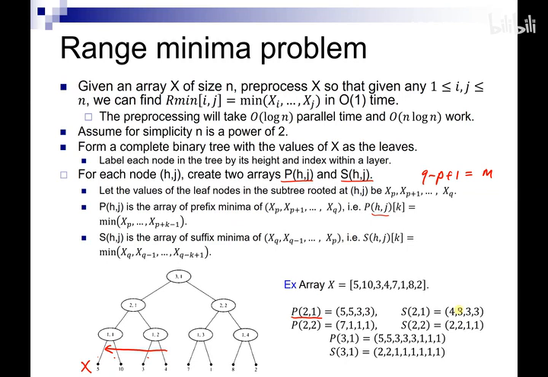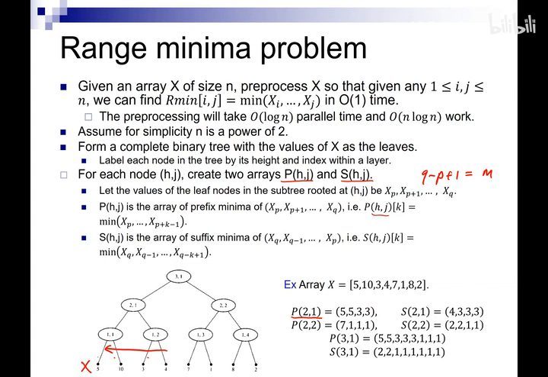The next value, this 3 over here, is going to be the minimum of the first 2 values, so that's going to be a 3. The third value is going to be the minimum of the first 3 values, so that's again going to be a 3. And then the final value is going to be the minimum of all 4 values, so that's again going to be a 3.